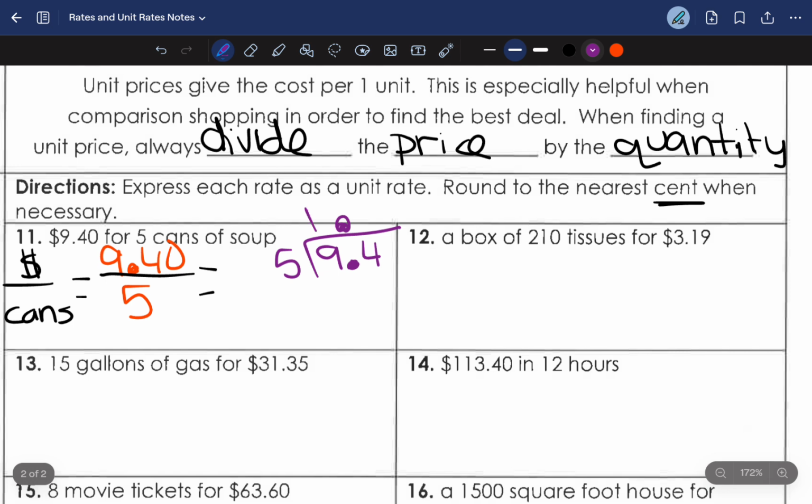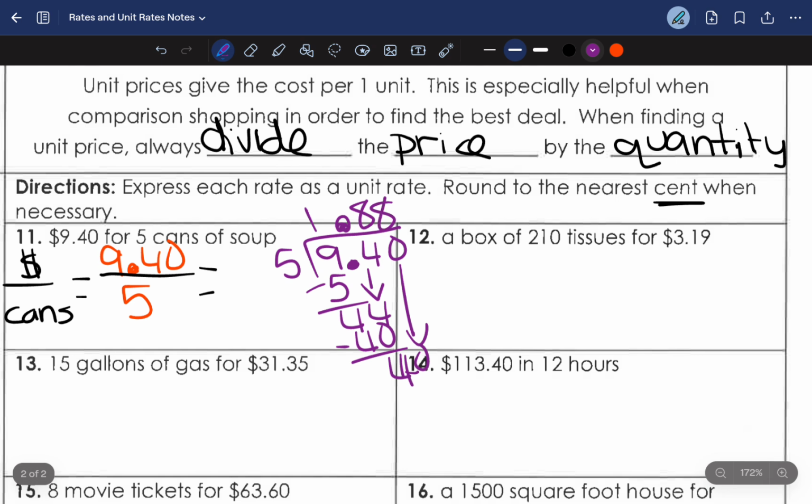It goes in 1 time. Subtract 5 for a remainder of 4. Bring down that 4. And it goes in 8 times. Subtract 40 for a remainder of 4. I'm going to add a 0. Bring it down. And it goes in exactly 8 times.